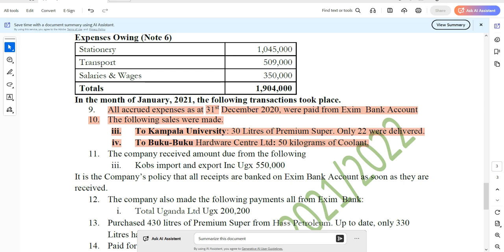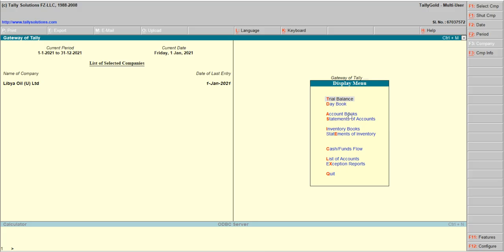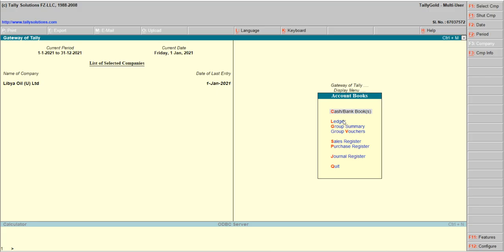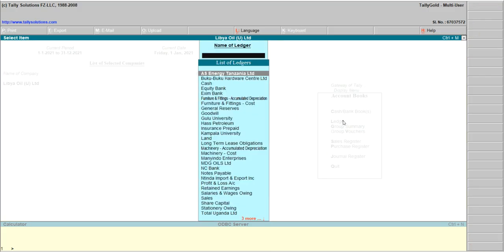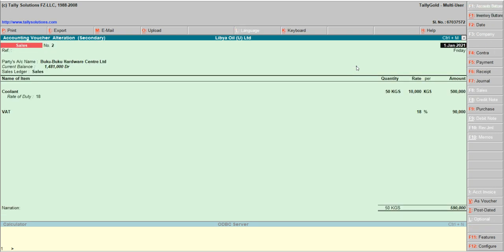Display, account books, ledgers, Buku Buku. There are 2 sales so far. The 50, okay, it's there. Quit.